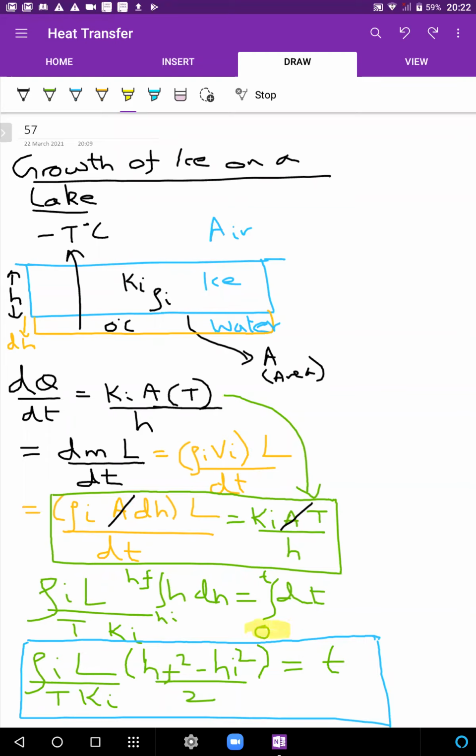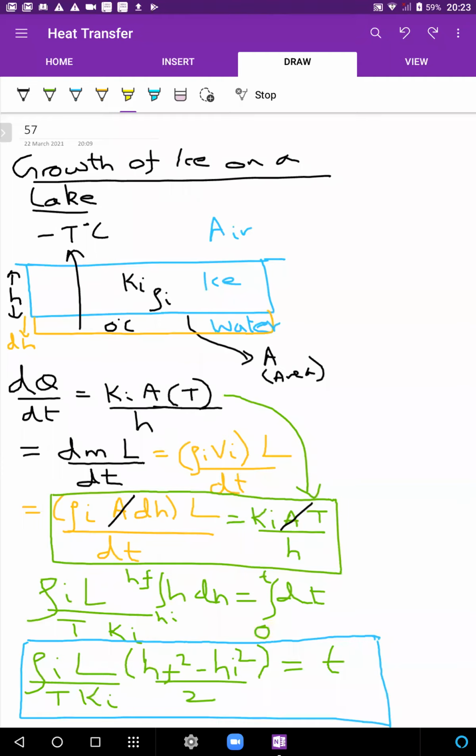I said that at the starting time, let's say the thickness of ice was hi. This could be 0 also depending on the question. And at the final time, let's say the thickness of ice is hf. So as the thickness of ice goes from hi to hf, time goes from 0 to t. Integrating both sides, the answer came.